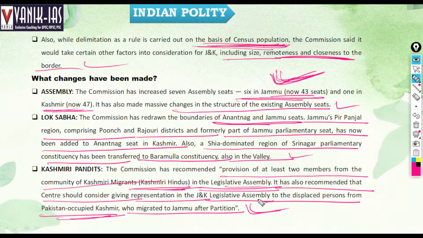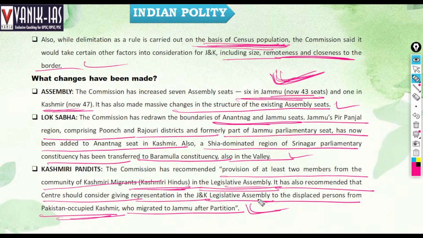Those displaced from Pak occupied Kashmir or migrated into Jammu after partition should also be given some seats in the legislative assembly. That was a demand, right?